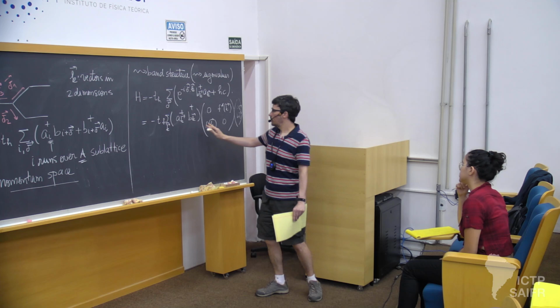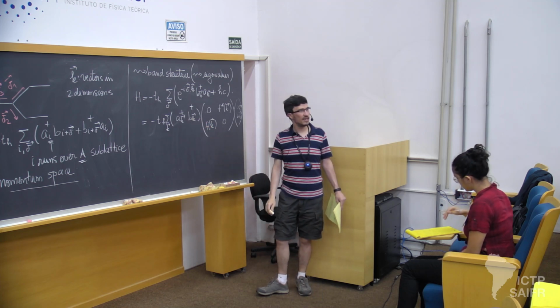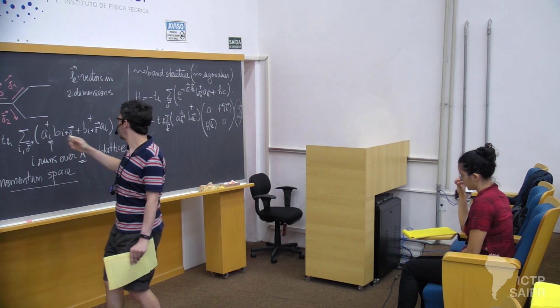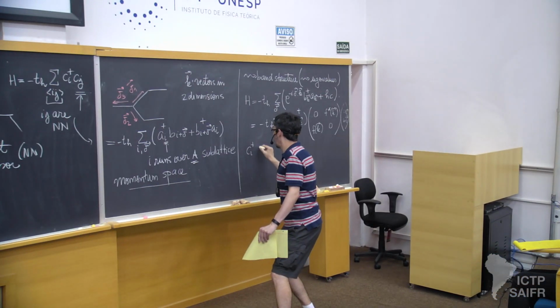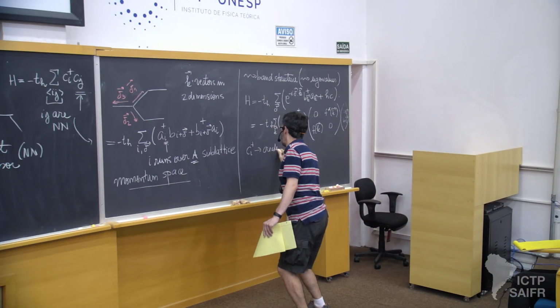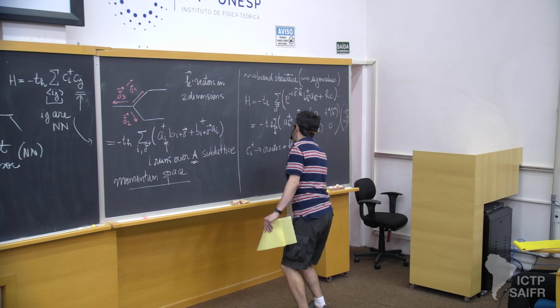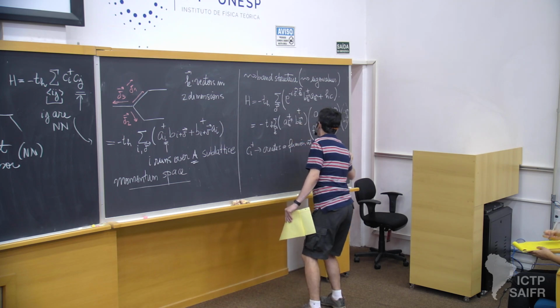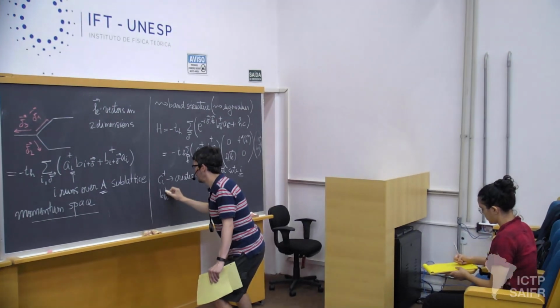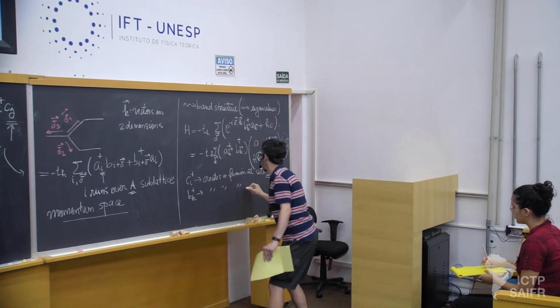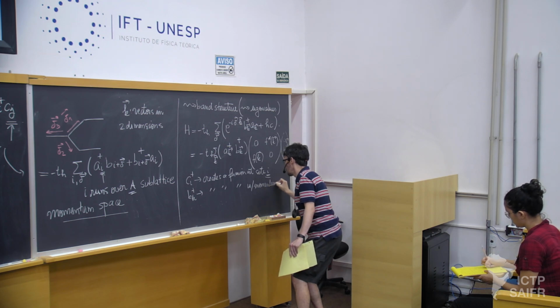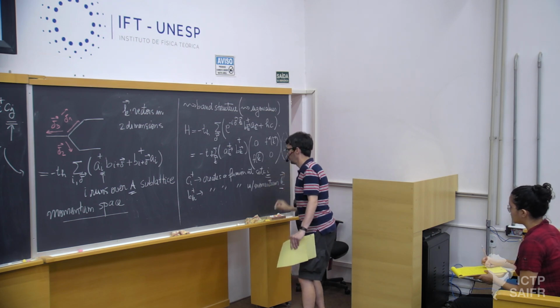So now we are defining these new fermions, a_k and b_k, in momentum space. The same way as I told you that c_i dagger creates a fermion at site i, b_k dagger creates a fermion with momentum k.